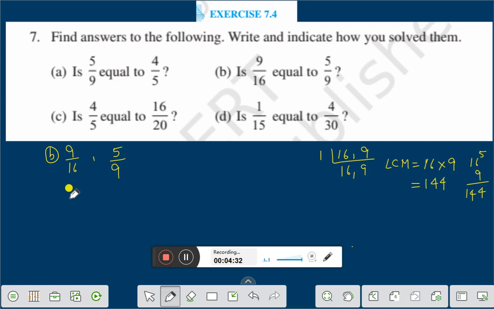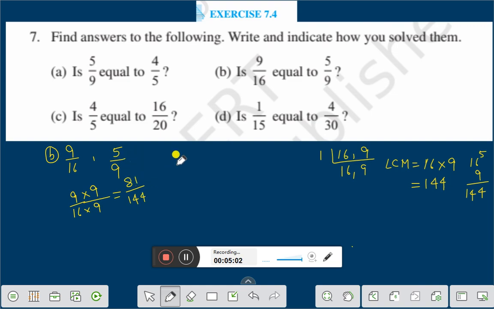That means it is 9 by 16. Then 16 will be multiplied with 9 to get 144. And multiply the numerator 9 also by 9, that means you are getting 9 9s are 81, and 16 9s are 144.